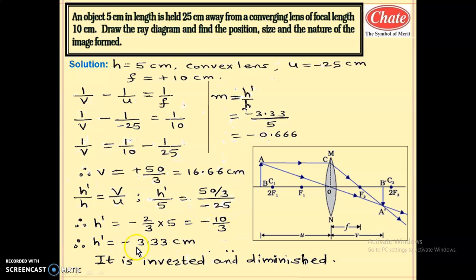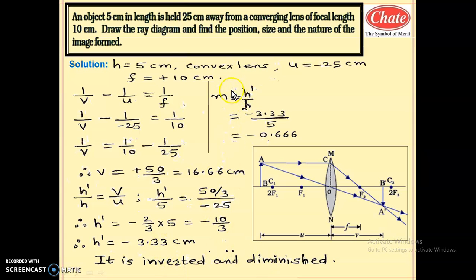So H dash is minus 3.33 centimeter. Negative sign represents that the image is inverted and its size is less than the object size. So that is diminished. So it is real and inverted, and it is diminished.